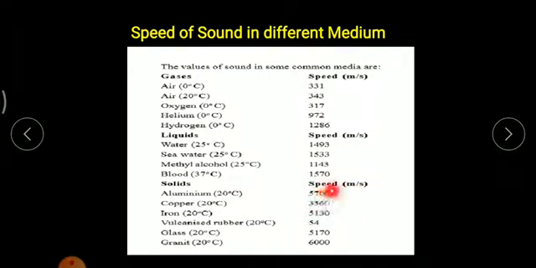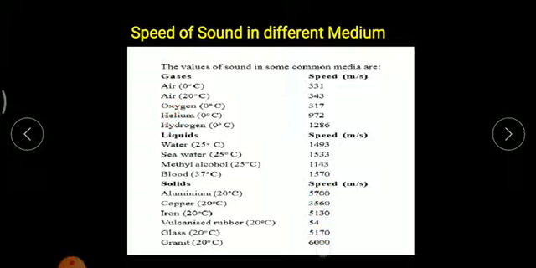It is tremendously fast. Here it is 331 meter per second, so it is very less compared to that of solid. In liquid it is 1493. So from this chart you will come to know that the speed of sound is fastest in solid, then in liquid, and then in gaseous. Certain solid, liquid and gaseous examples are given over here.